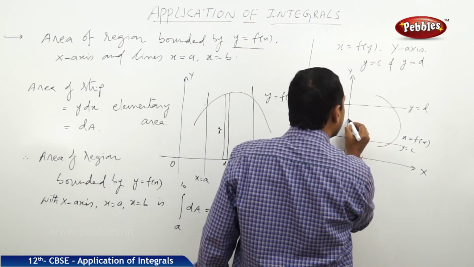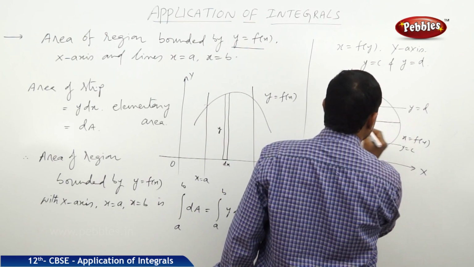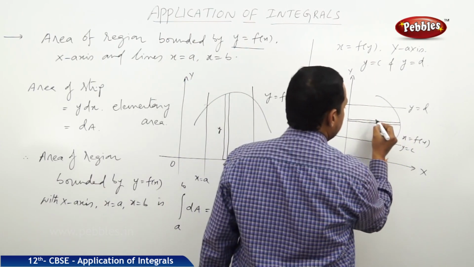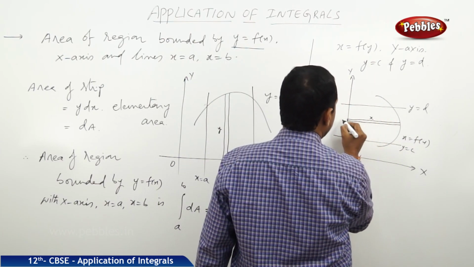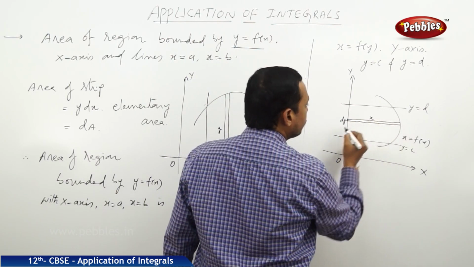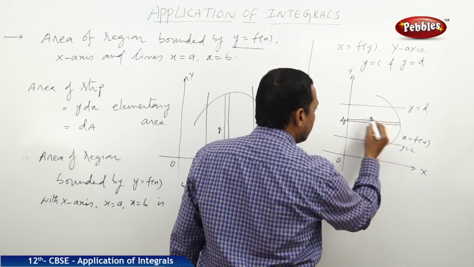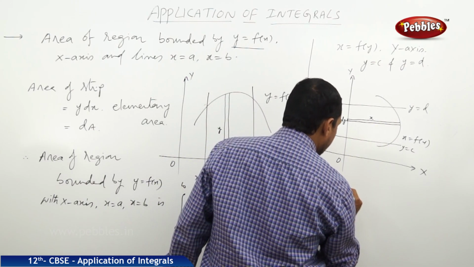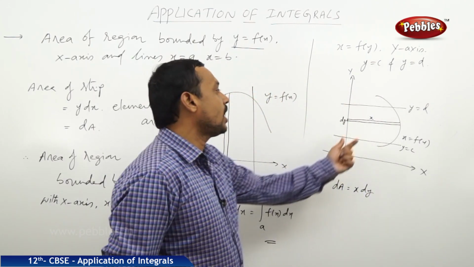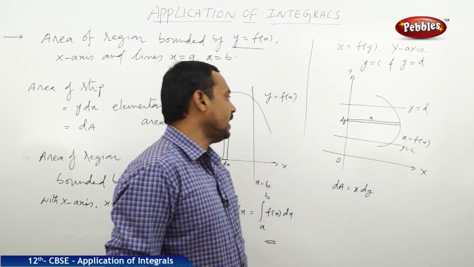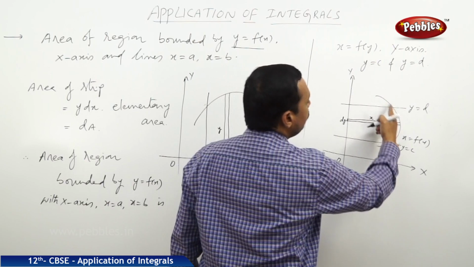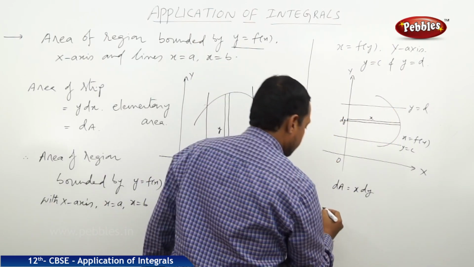Now here also we can consider a small, arbitrary strip whose length is x units and width is dy. Then the area of this elementary strip, or elementary area dA, is equal to x into dy. Now a large number of these elementary areas gives rise to the area of the region bounded by this curve with the y-axis.